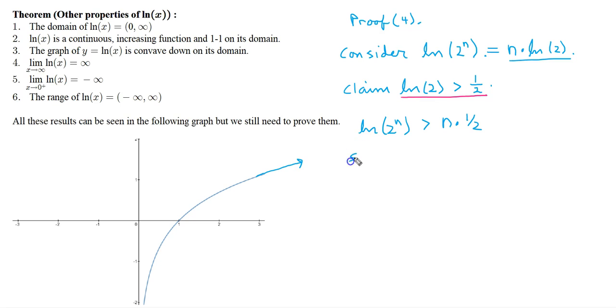And since the limit as n goes to infinity of n over 2 is infinity, of course, we have that the limit as n goes to infinity of the natural log of 2 to the nth power must be infinity.